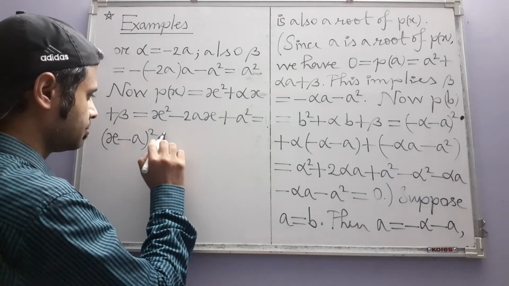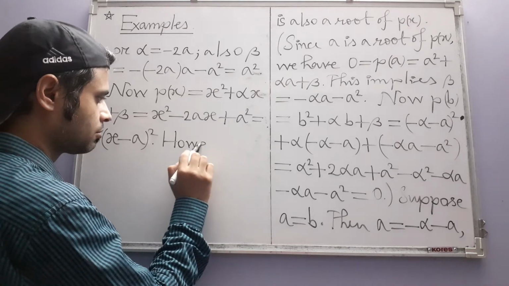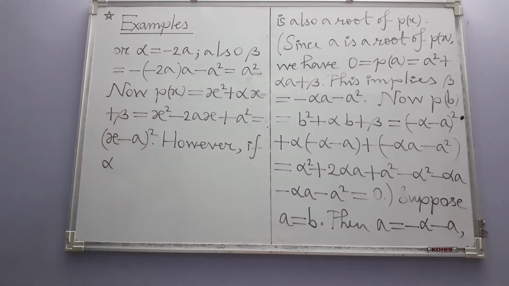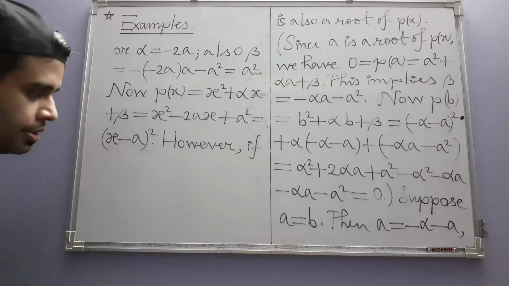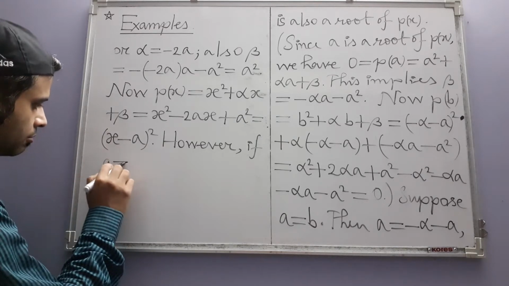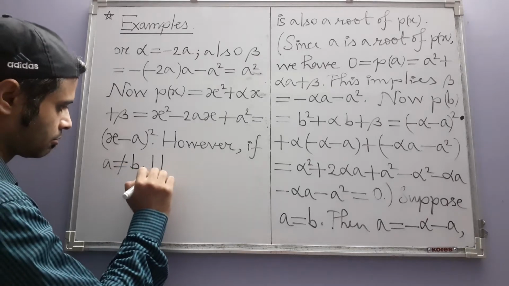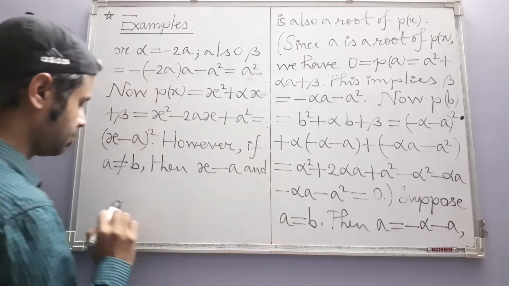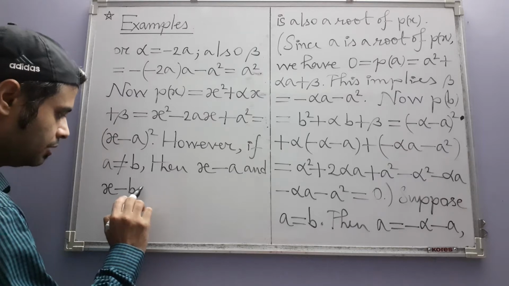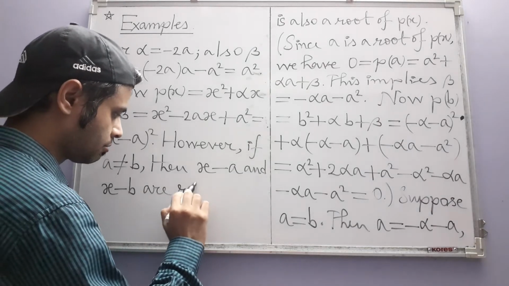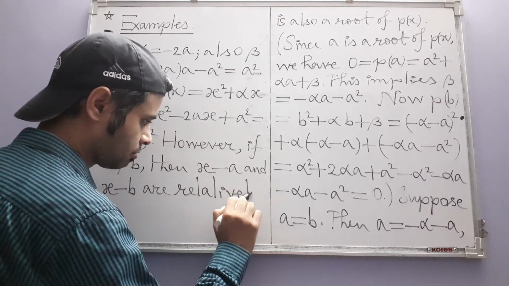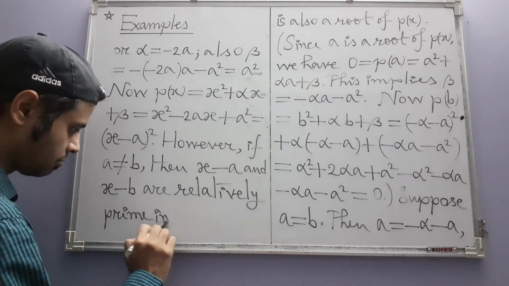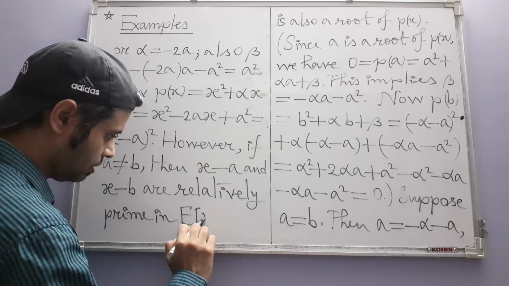On the other hand, if A is not equal to B, if now the roots are distinct, then x minus A and x minus B are relatively prime in Ex.